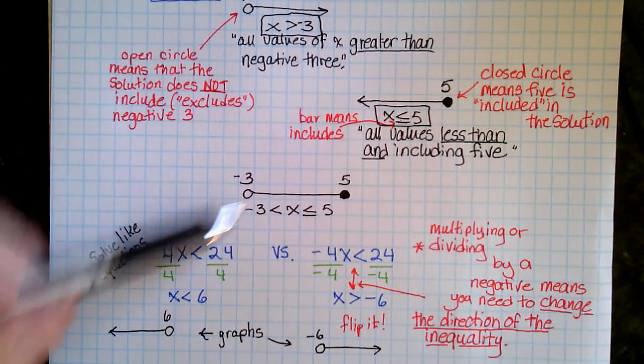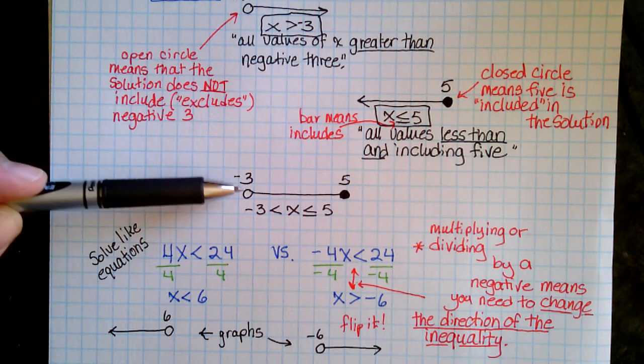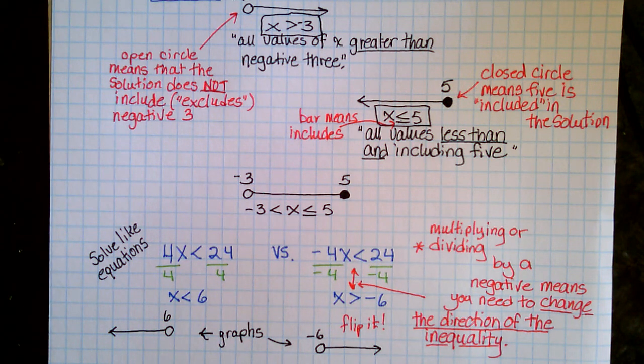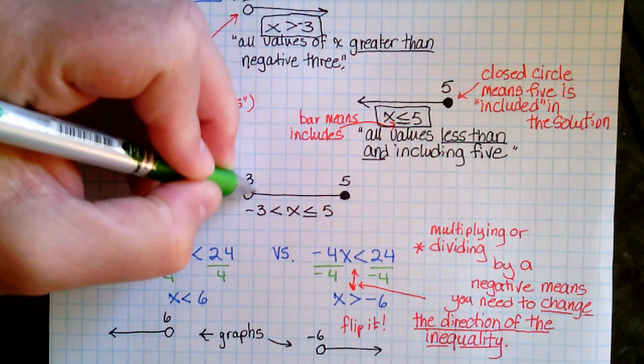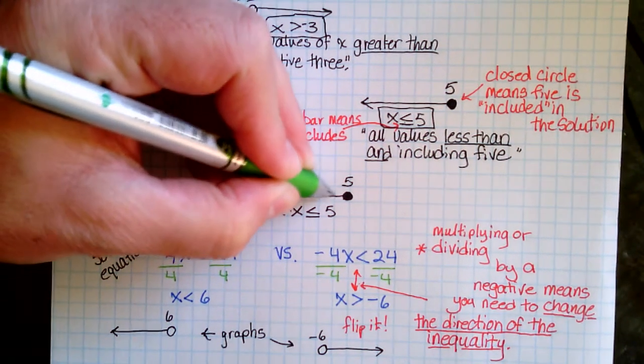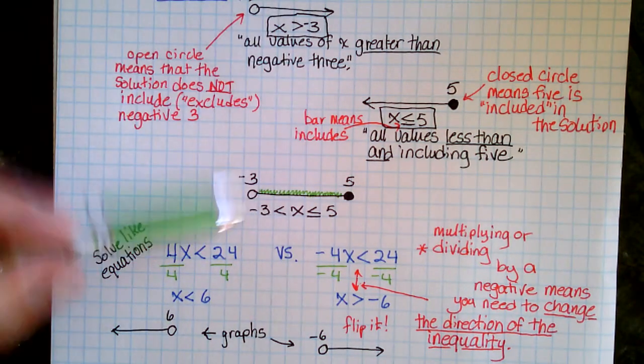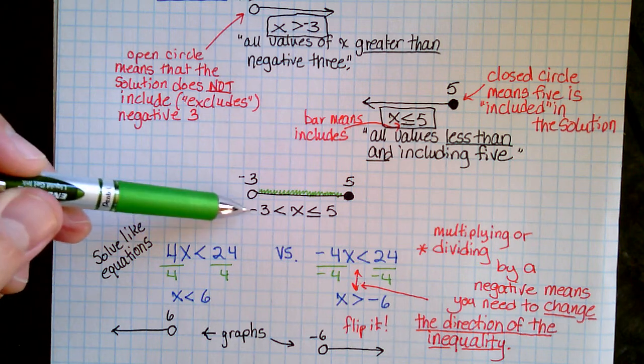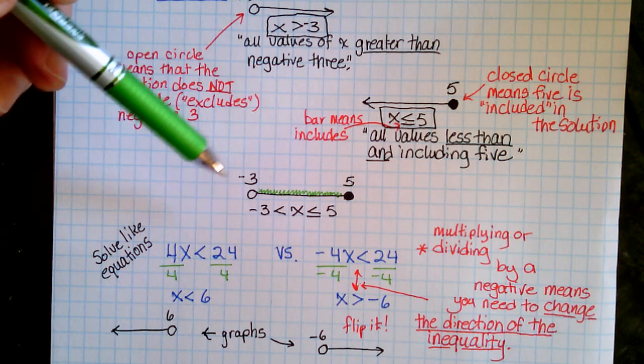If you put them together, this is your solution set. So every single number that exists between these two would be a solution that is true in this case. So we learned this earlier this year as domain, all values of x.